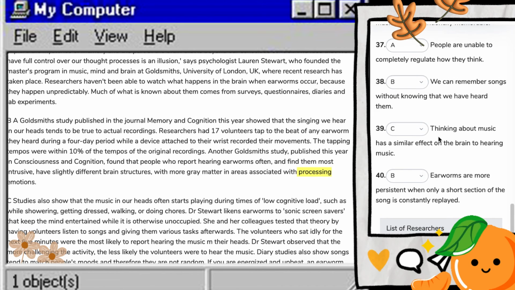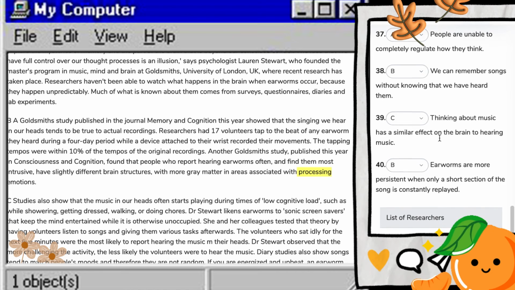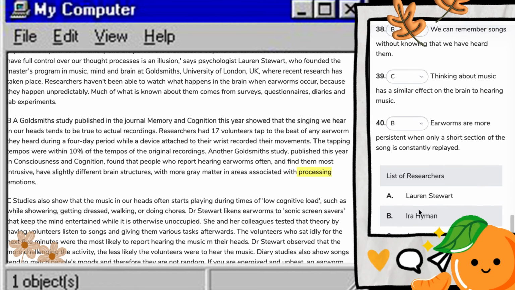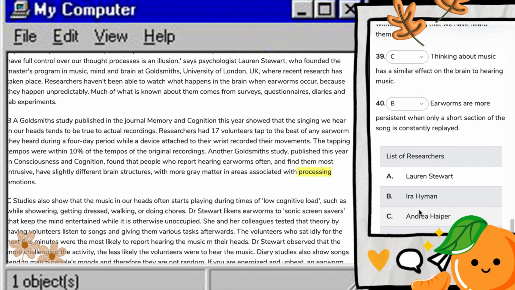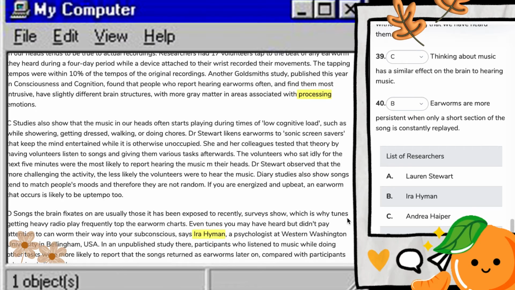And the last question is, thinking about music has a similar effect on the brain to hearing music. The answer is C. Why?